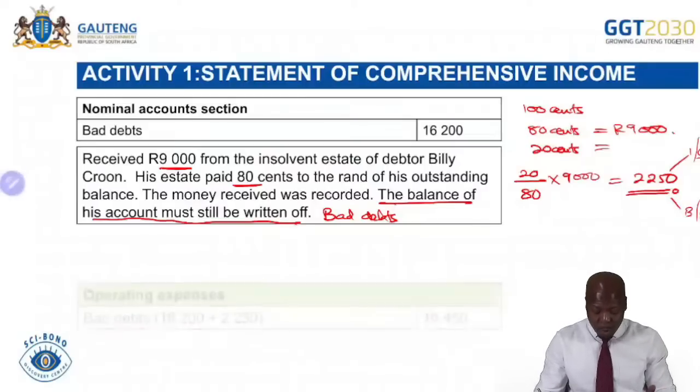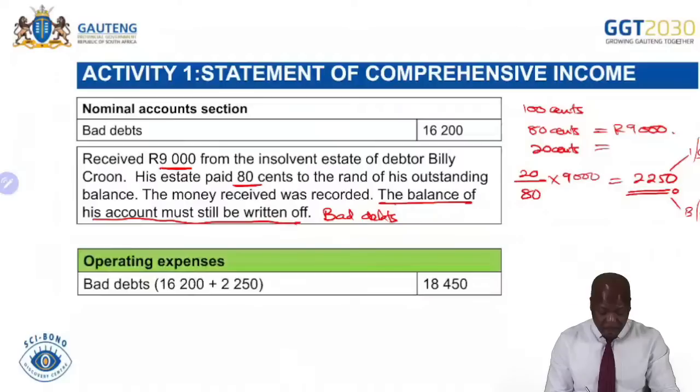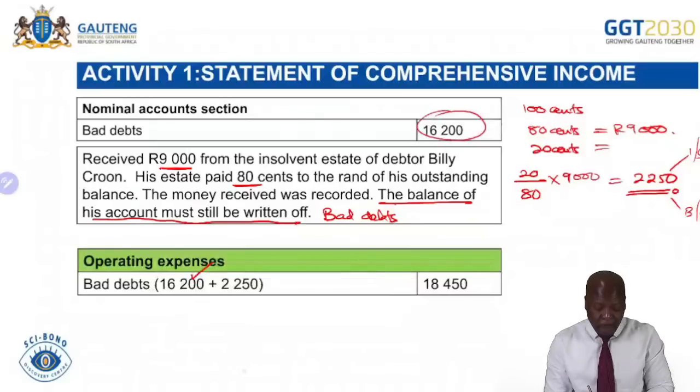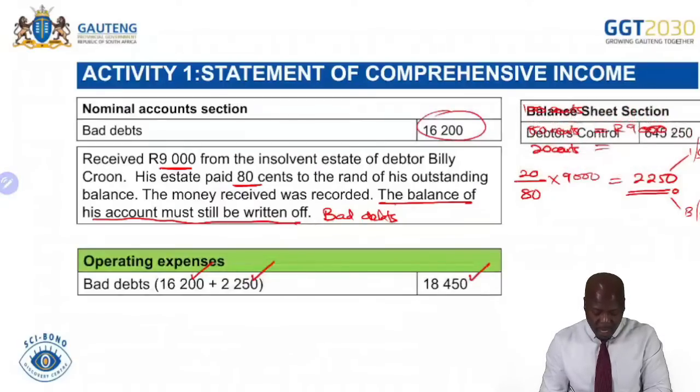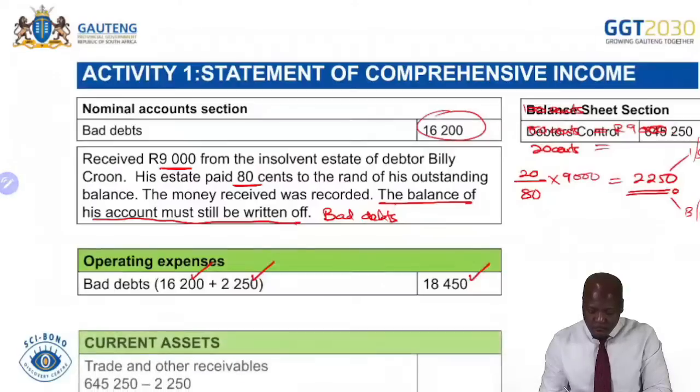Let's see how it will affect the statement of comprehensive income. We come under our operating expenses, bad debts, 16,200, the one in the trial balance, plus the bad debts that we are going to write off this time now. So we end up with 18,450. How is it going to affect my statement of financial position?